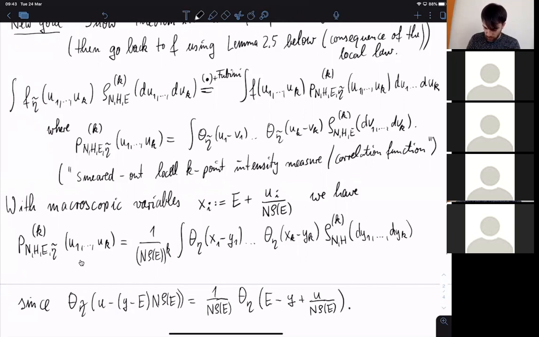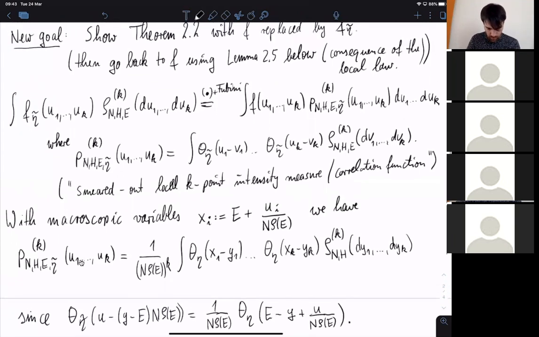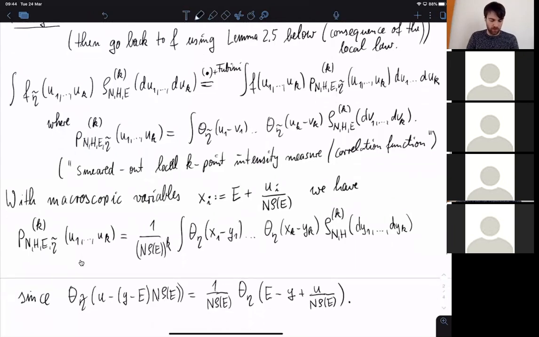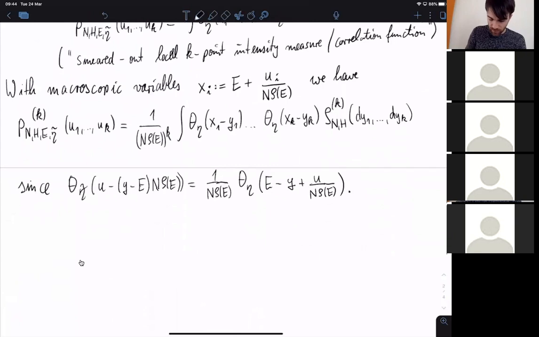This is just a simple computation, so maybe now is another good time for a picture. To come from here to there is just a simple computation, and this relation down here is the important step. And now here we have the k-point intensity measure without any rescaling, so we can use the definition of rho_{n,H,k}, and then it will be obvious how the resolvent comes in.